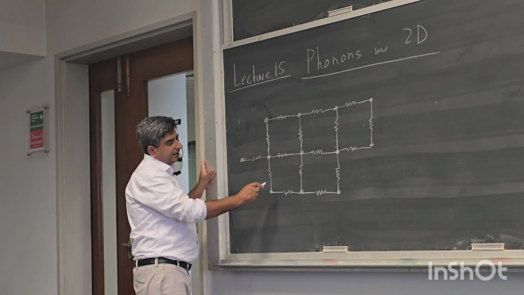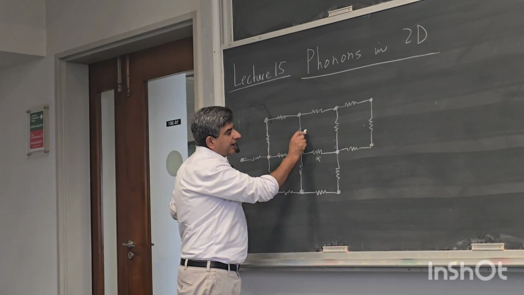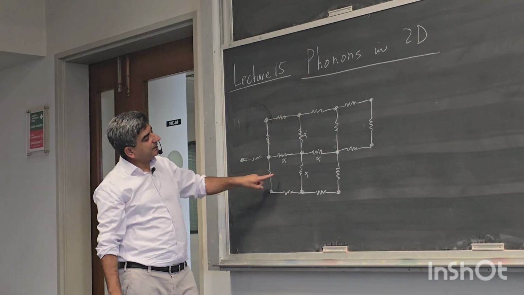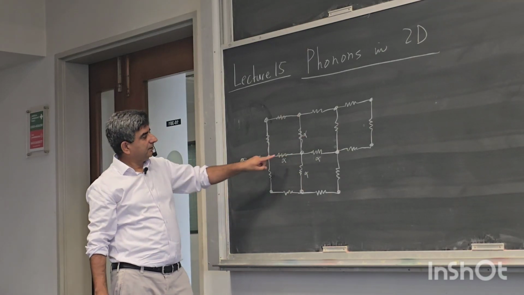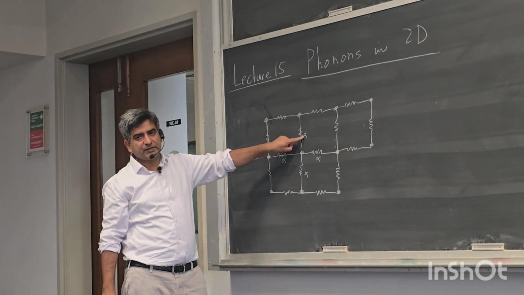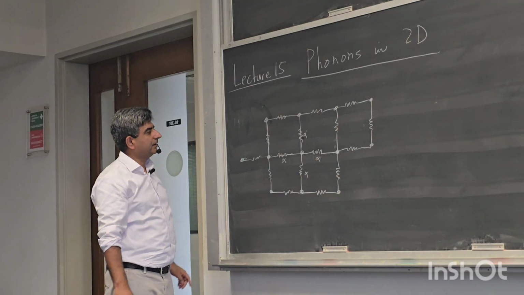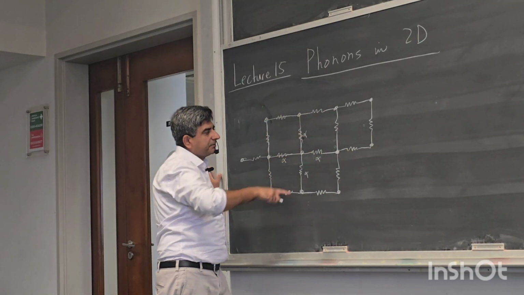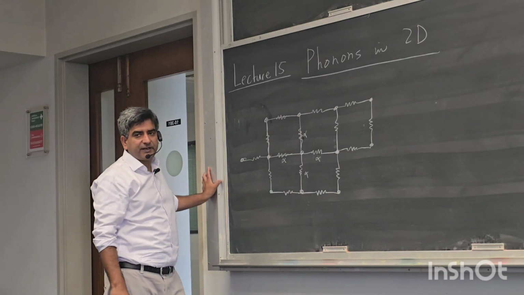And we suppose that the interaction between an atom and its neighbor is defined by this spring constant alpha, which is a force per unit length, and each of these atoms is of course connected in a pairwise fashion to its nearest neighbor.